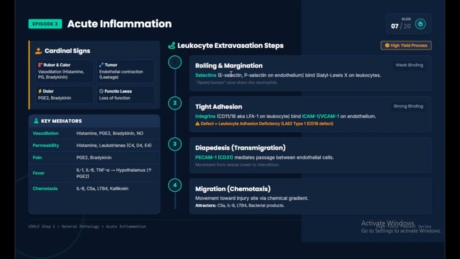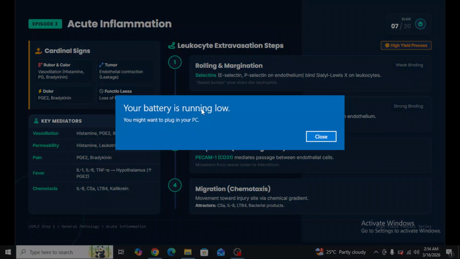Our next mechanism is step two, which is tight adhesion. The neutrophils are now firmly attached to the endothelium, and this process is mediated by the integrins, CD11 and CD18, also known as LFA-1, which bind to ICAM and VCAM-1.